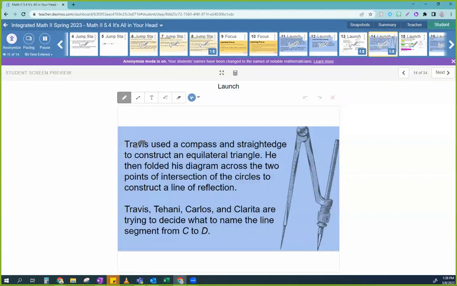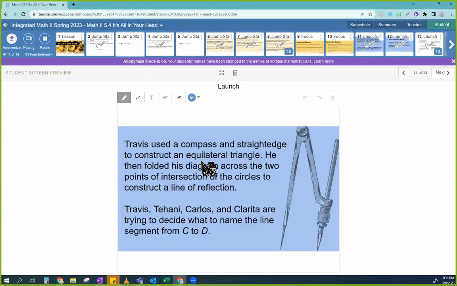So Travis uses a compass and straight edge to construct an equilateral triangle. We did too, except we used Desmos, technology tools, as opposed to physical tools. He then folded his diagram across the points of intersection of two circles to construct a line of reflection. So he's basically doing this so that you're remembering.